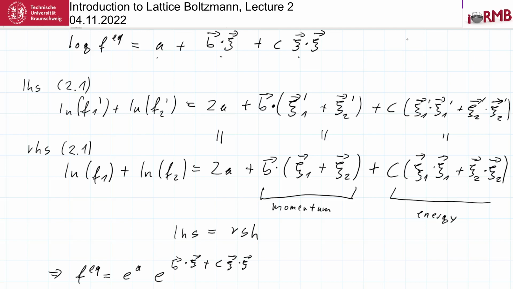So now this is the equilibrium function that we are apparently getting out.